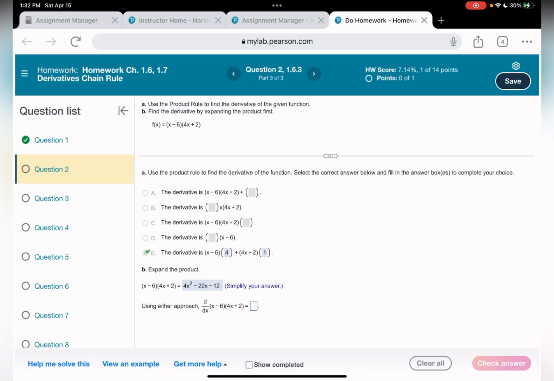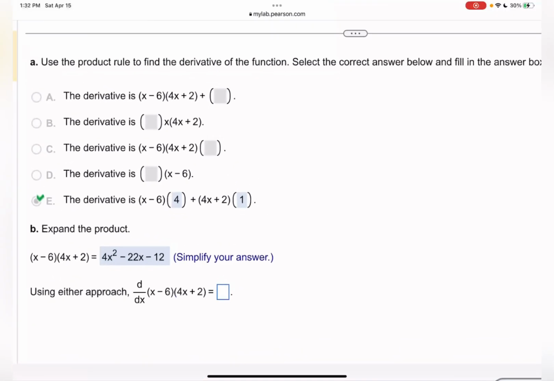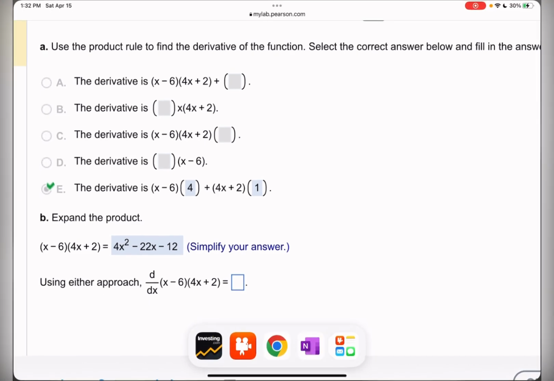Excellent. And the last one is, oh, we need to find dy by dx, so the derivative of the product. And we did it. Remember, we got 8x minus 22. Here it is.